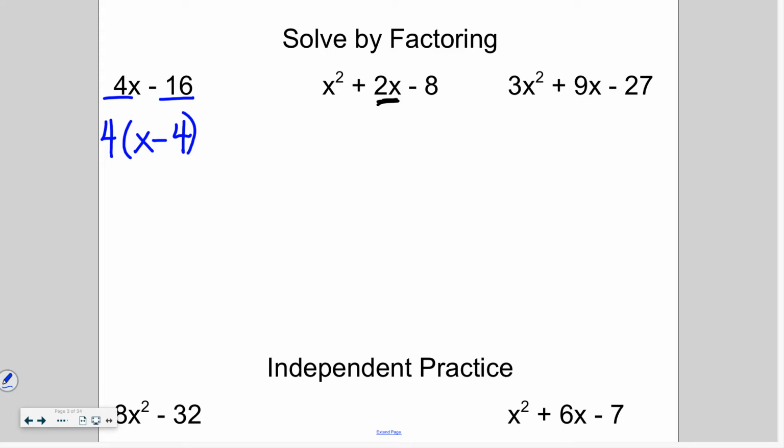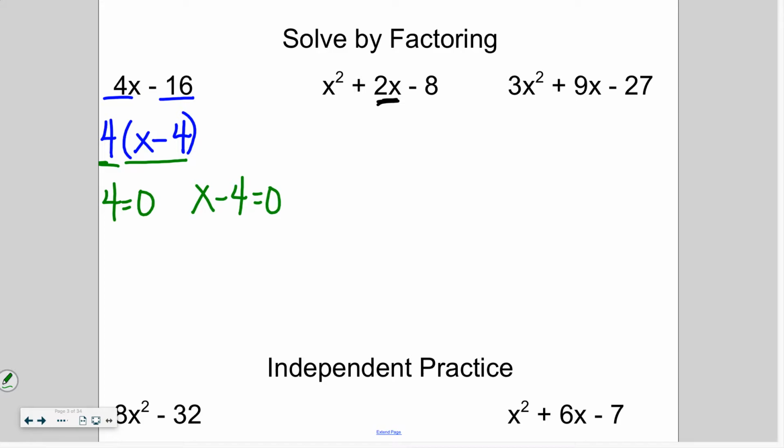Now, to be able to solve these, I'm just going to set each thing that I pulled out, each factor, equal to 0. So my first factor is the 4, so I'm going to set it equal to 0. And then my next factor is x minus 4. I'm going to set it equal to 0.